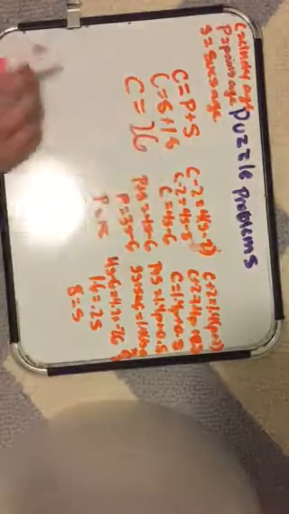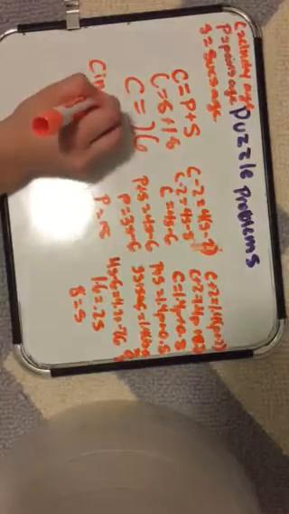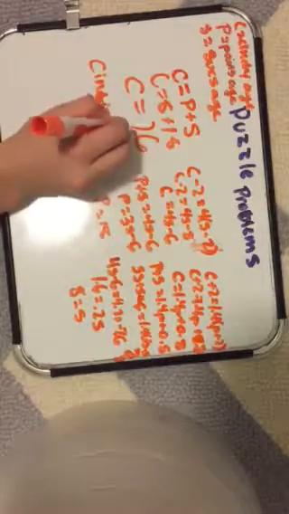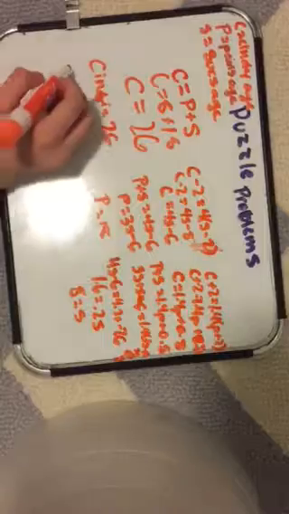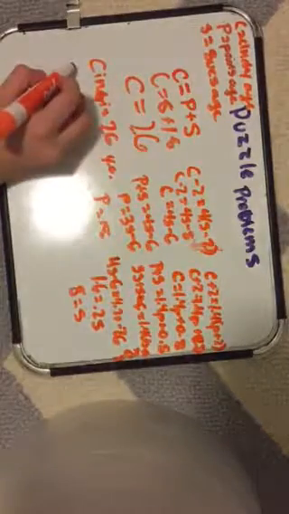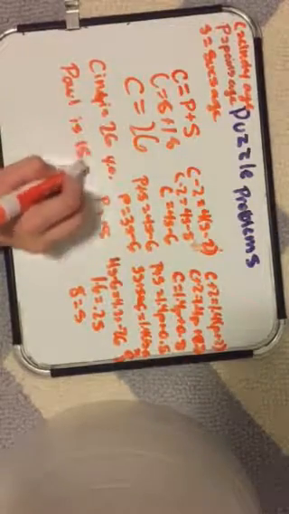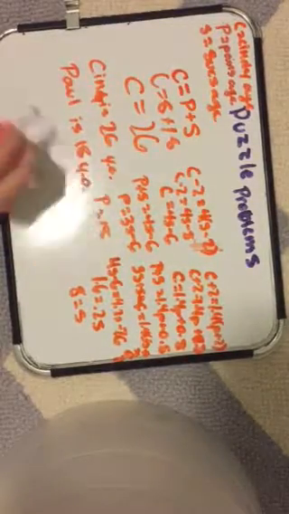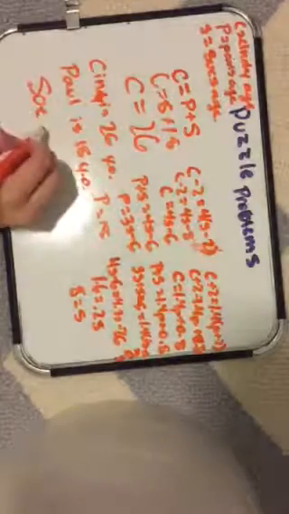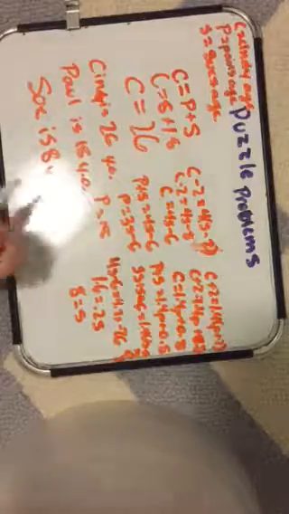So now we know that Cindy is 26 years old. Paul is 18 years old. And Sue is 8 years old.